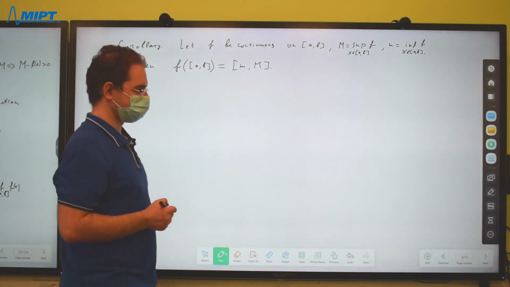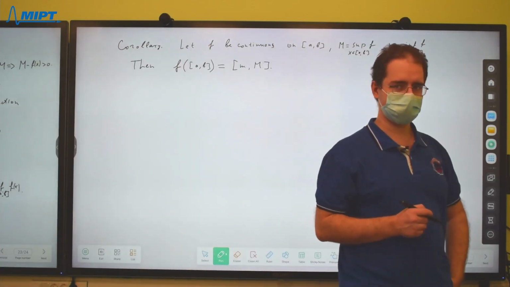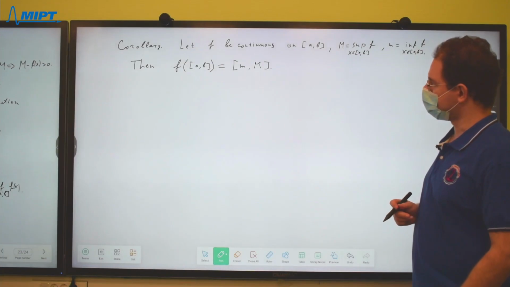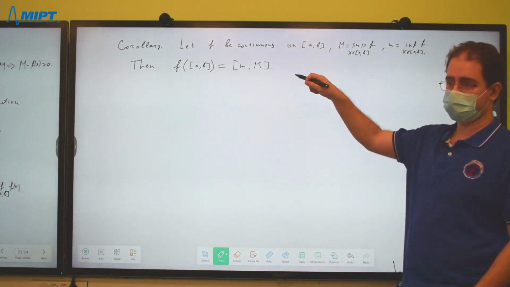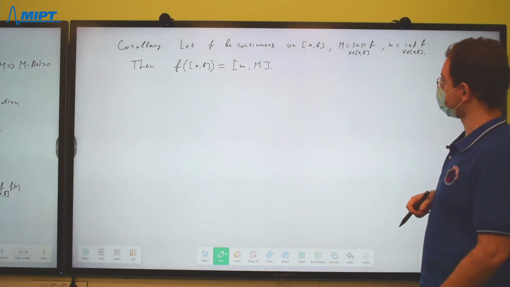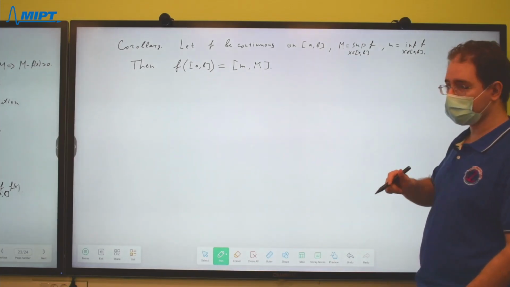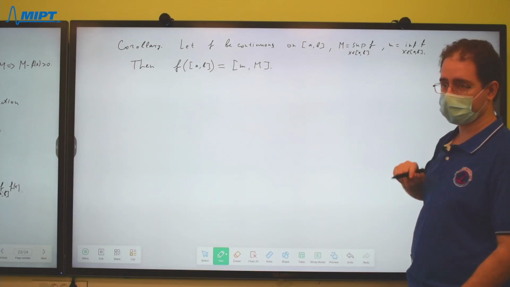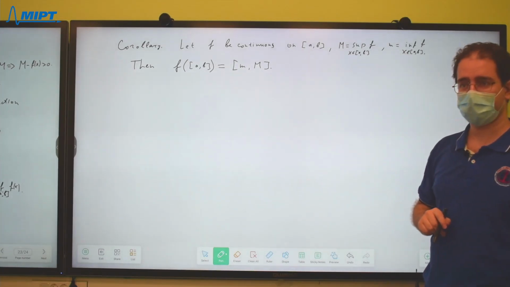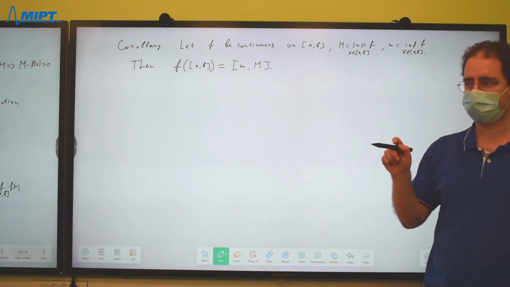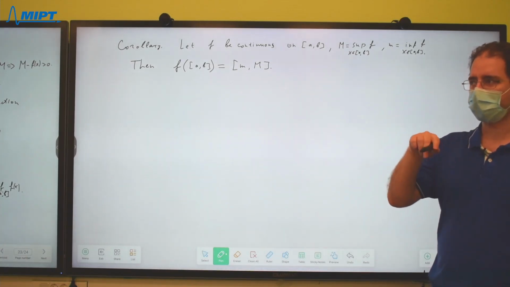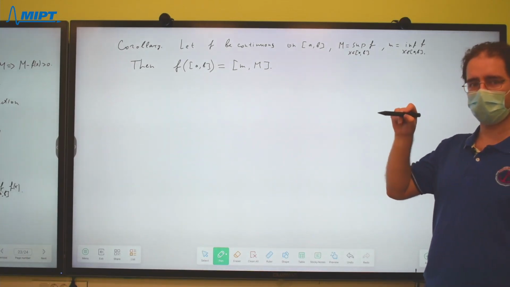I think the proof is obvious enough, but I will explain it a bit. So we know that my function, being continuous on a closed interval, assumes values small m and capital M. And we know from the corollary to the previous theorem that it assumes all values in between.